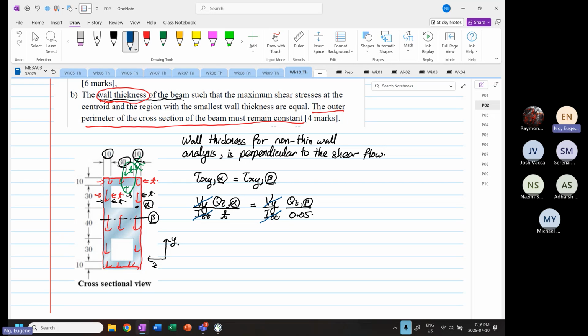Not necessarily true, because at point alpha and at point beta, V and I are constant. So we don't need to worry about the second moment of area. That is what I'd like to drive home: understanding the fundamental concept, or the rules, is so important. So we now know that we have to find Qz alpha.